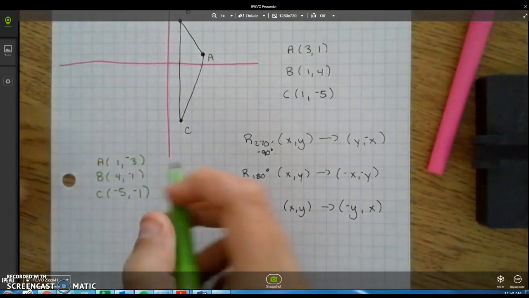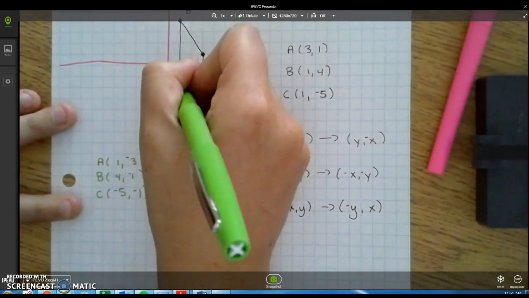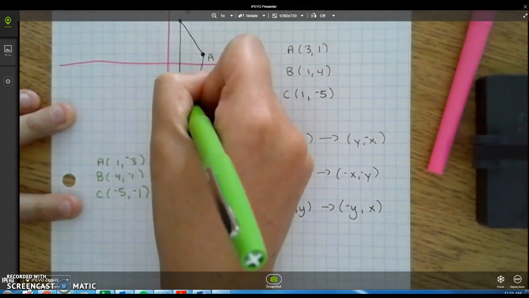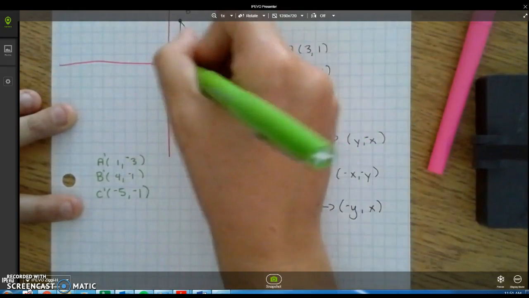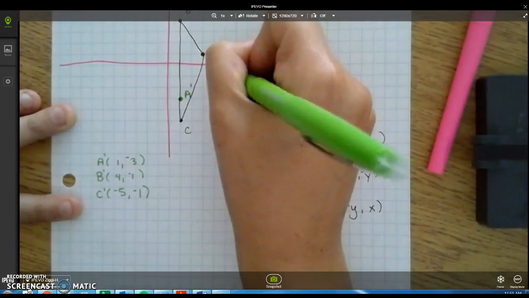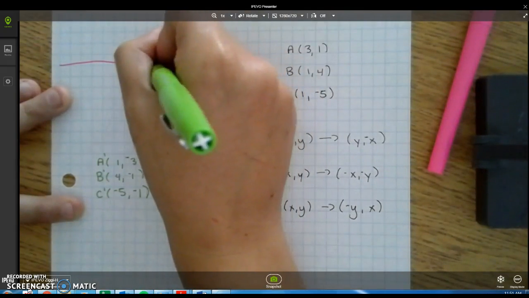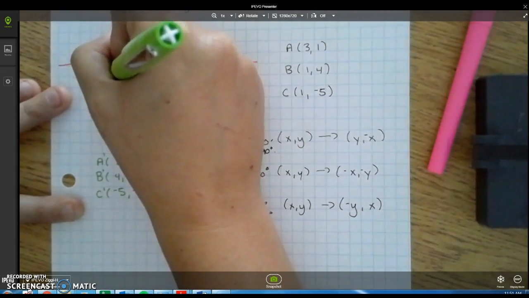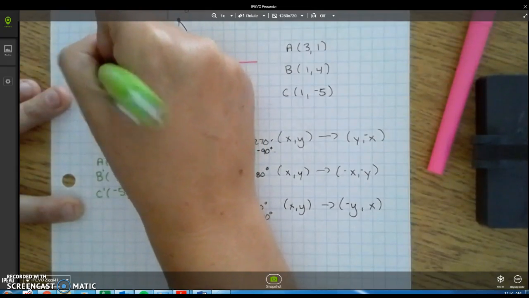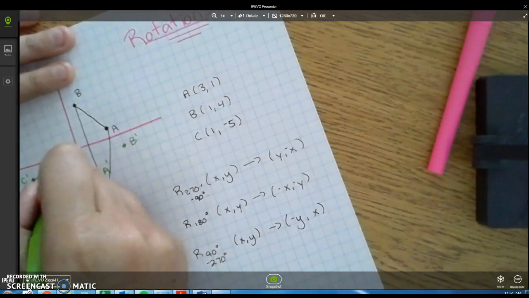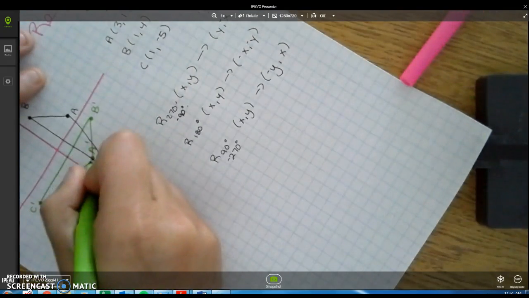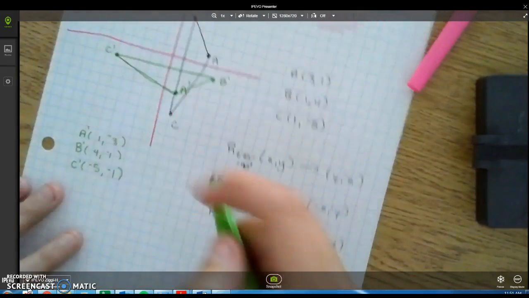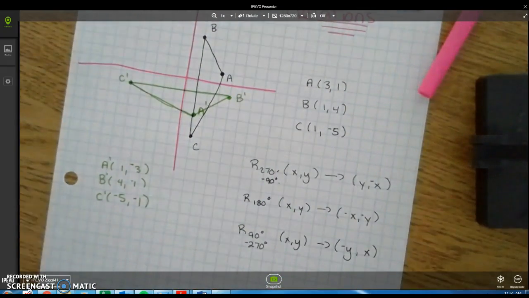Okay, so let's go ahead and plot that. We have (1, negative 3). We have (4, negative 1), that'd be B prime. And (negative 5, negative 1) is C prime. And that is 270 degrees or negative 90, which would be 90 degrees clockwise.